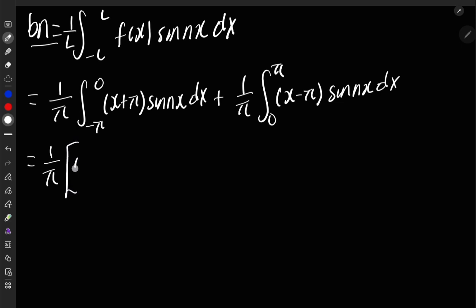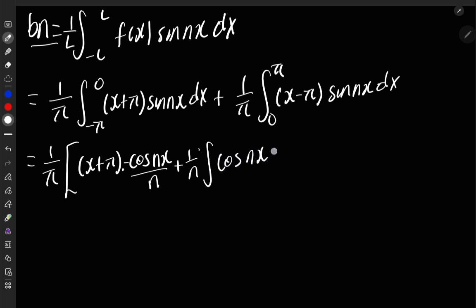You know integration by parts, this is going to be my u, and then my v will be negative cos nx over n, then minus the integration of v du, which is going to be equal to positive 1 over n integration of cos nx dx, that will end up being sine nx over n squared. Here this is from negative pi to 0.